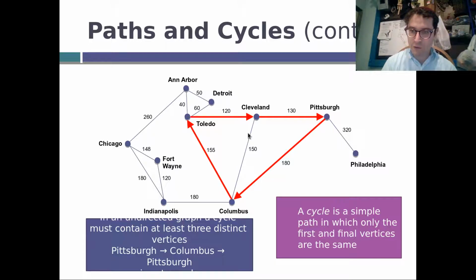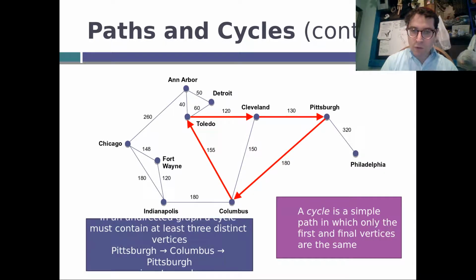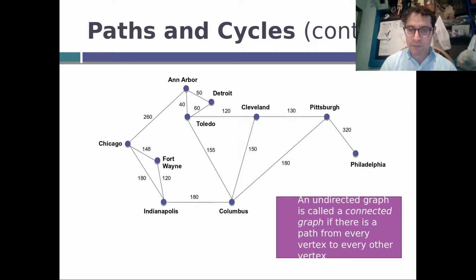We don't consider Philadelphia and Pittsburgh by itself enough to be a cycle. So if it has a cycle, then we consider it a cyclic graph. If it has no cycles in it, which is way more common for directed graphs, we get an acyclic graph, something that we'll tackle later when we get to directed acyclic graphs.